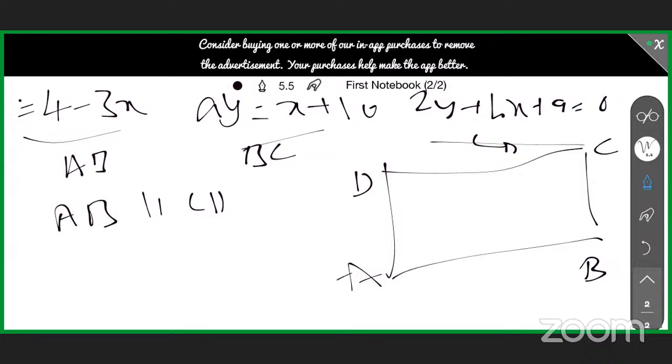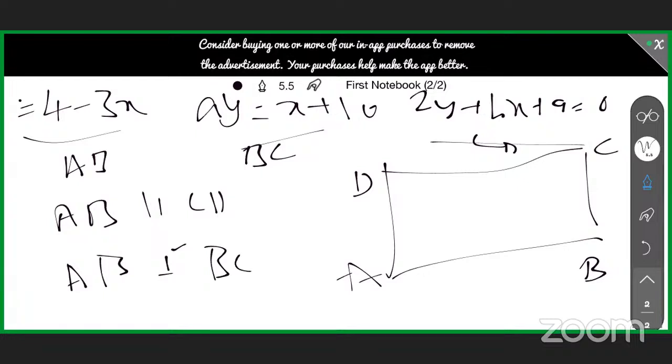Anything else that you observe? BC is parallel to AD. Anything other than that one? Okay. AB is perpendicular to BC.